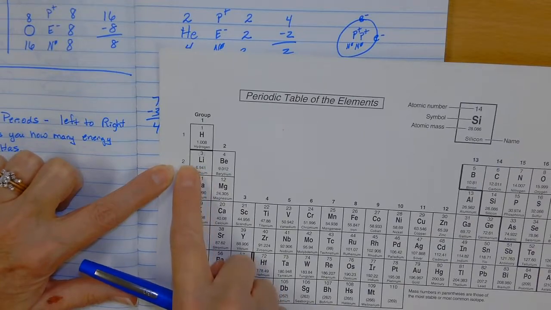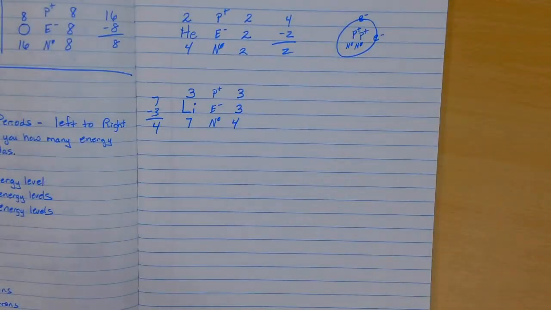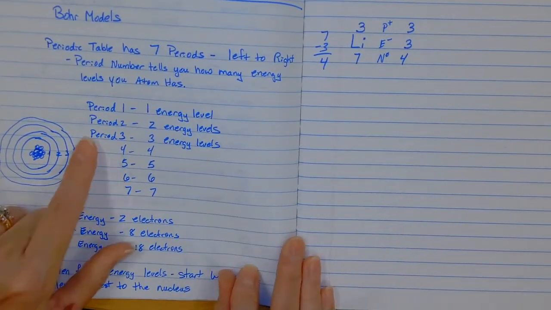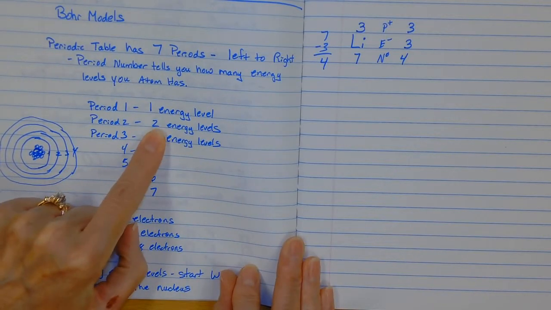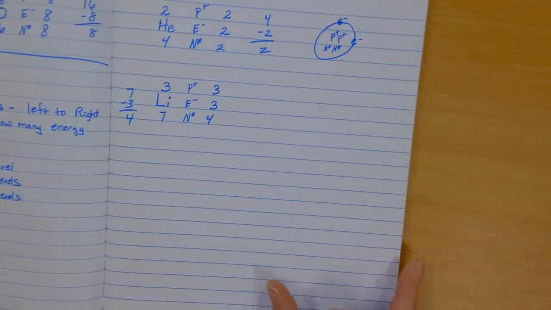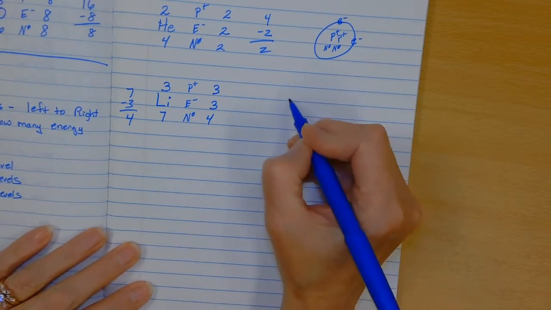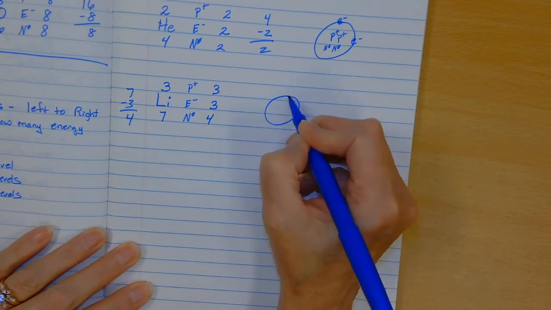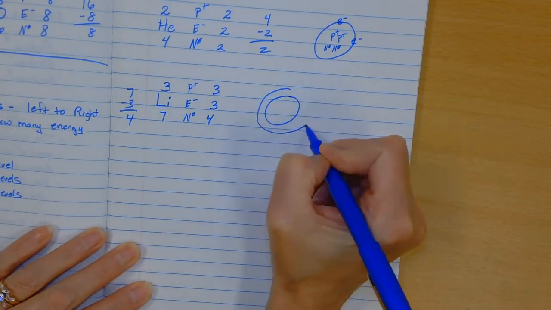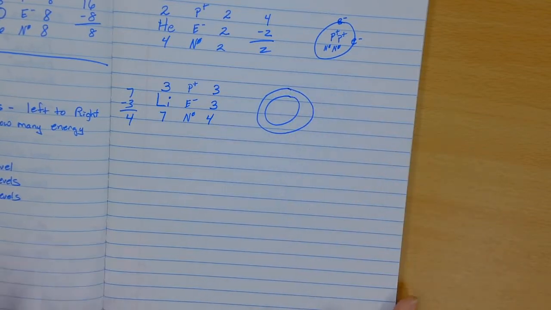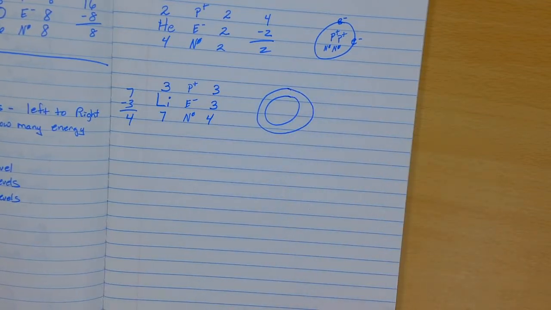So since it's period 2, according to what we've already written down, period 2 has 2 energy levels. So we're going to draw 2 circles. And it doesn't matter if they're not perfect circles, but 2 circles.